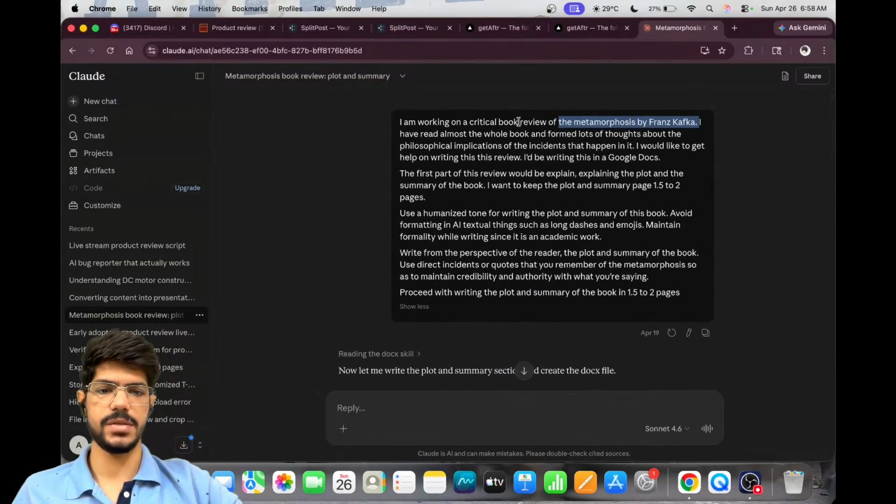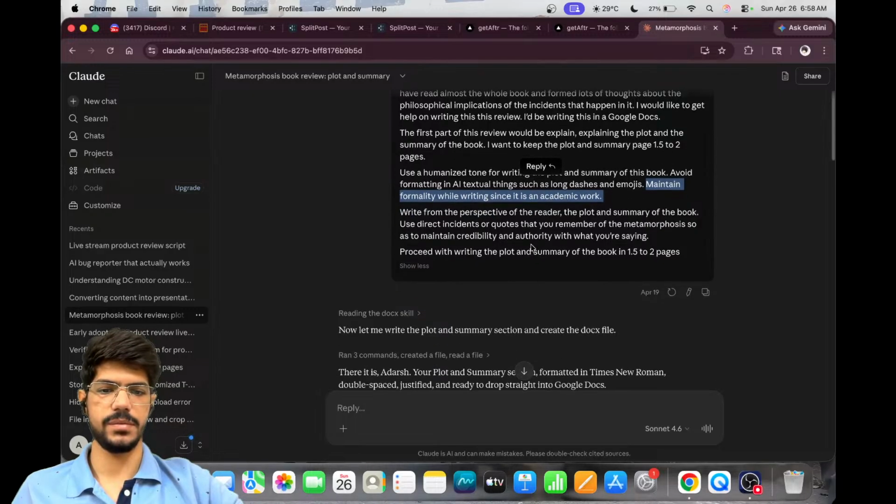So I gave it a prompt like this. I told it to use a humanized tone for writing this, avoiding this sort of formatting, long dashes and emojis, to maintain formality because this is academic work.